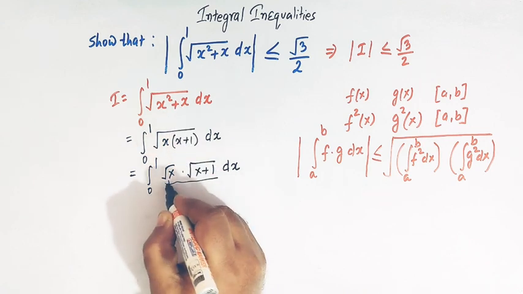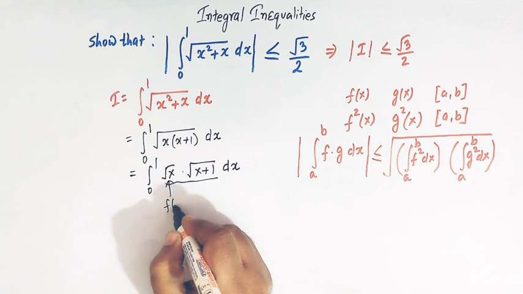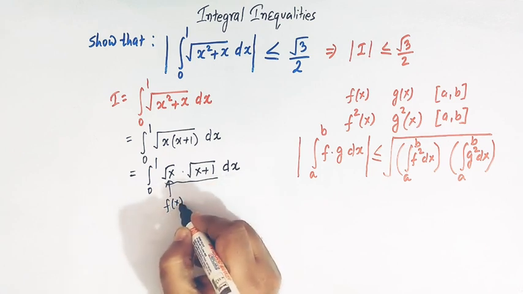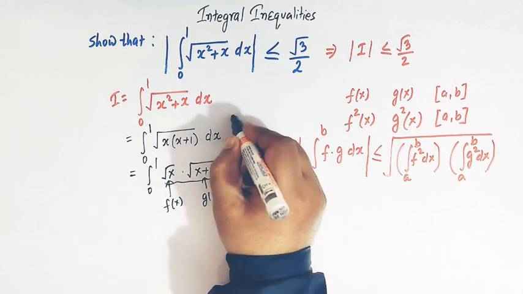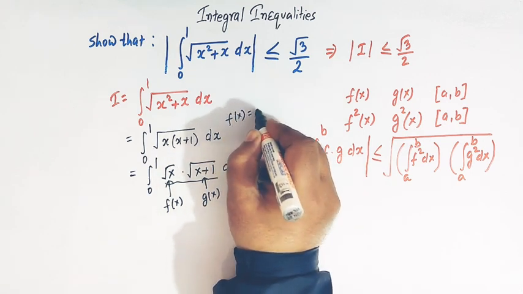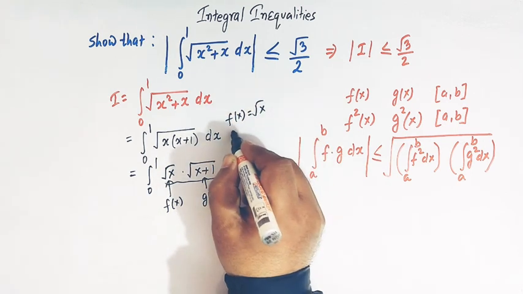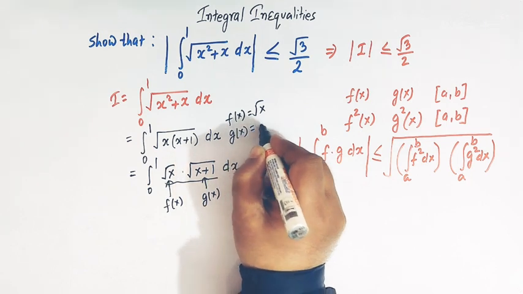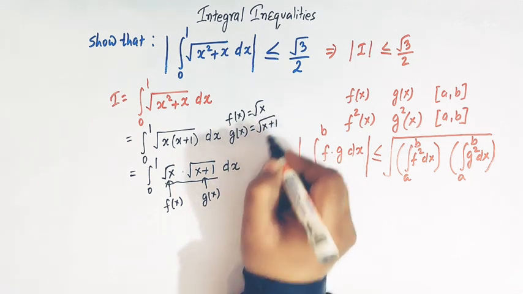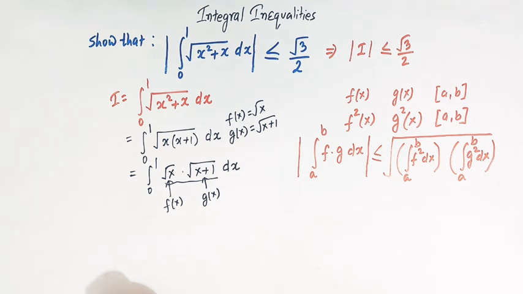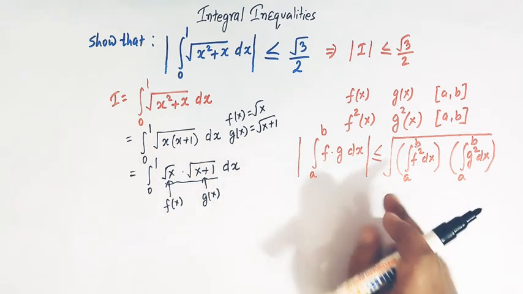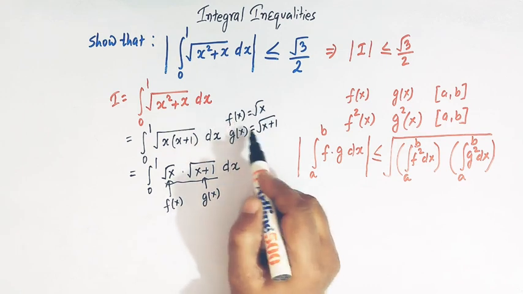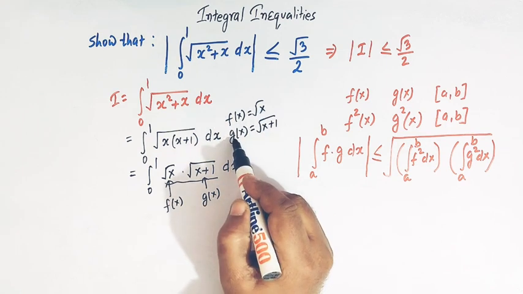Because we can take f of x as square root of x and g of x as square root of x plus 1, right? Now we can apply this inequality to these two functions, f and g.